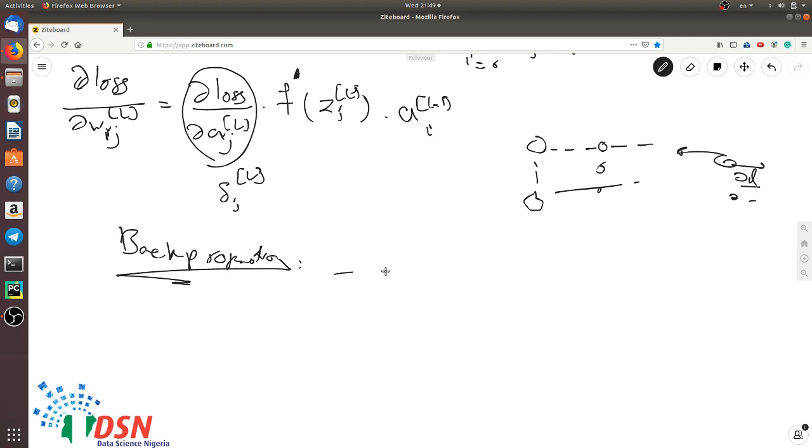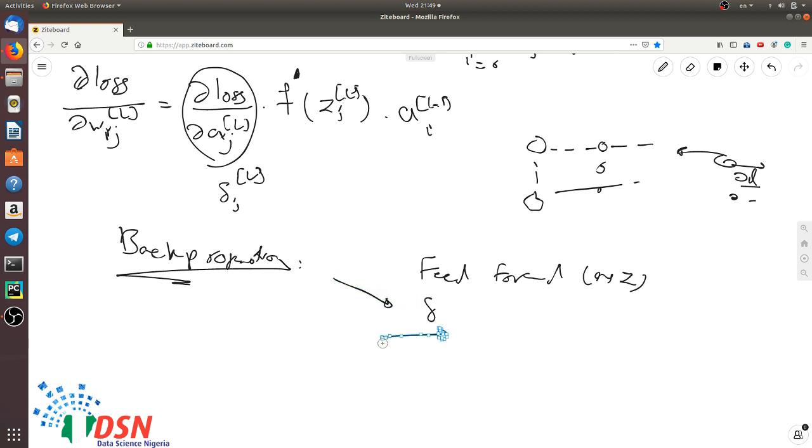So for backpropagation, first we feed forward the network to calculate all of a and z for each unit. Then we calculate delta for the backward steps. Okay.